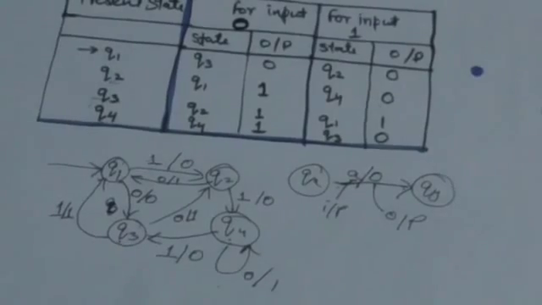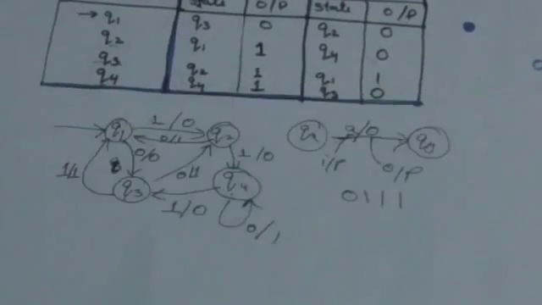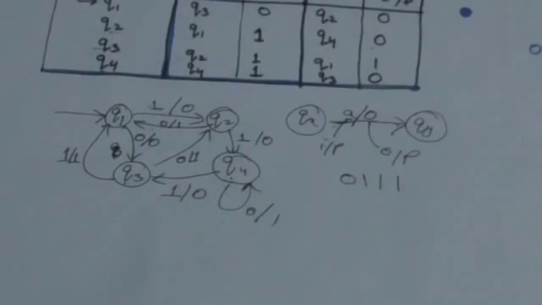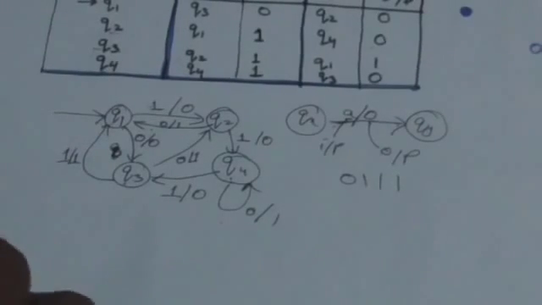Now let us see how it processes the string 0, 1, 1, 1. Whenever this Mealy machine starts, it starts from initial state. Its initial state is its starting state.